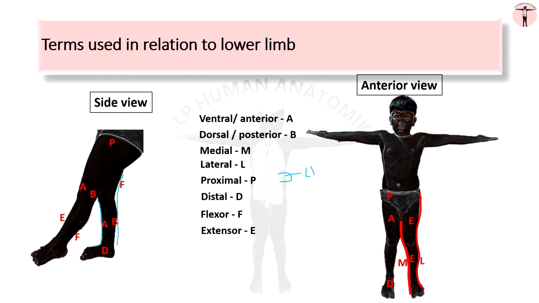As development occurs, this limb bud rotates to one side of the body. The rotations in the upper limb and lower limb are in opposite directions: the upper limb rotates laterally 90 degrees and the lower limb rotates medially 90 degrees. Hence the difference.